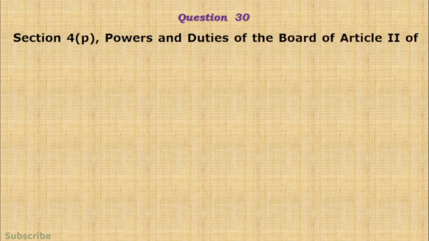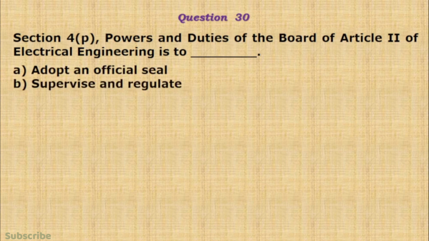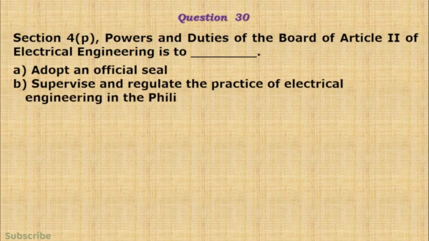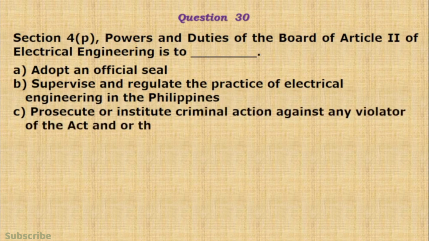Question number 30. Section 4, powers and duties of the Board of Article 2 of Electrical Engineering is to blank. A. Adopt an official seal. B. Supervise and regulate the practice of electrical engineering in the Philippines. C. Prosecute or institute criminal action against any violator of the Act and or the rules and regulations of the board.